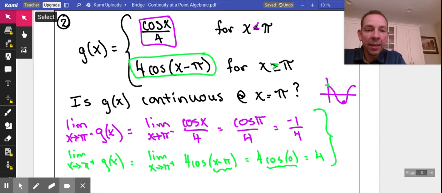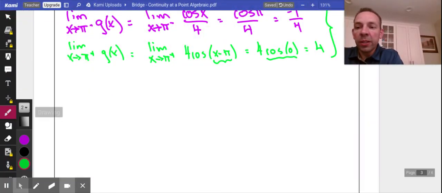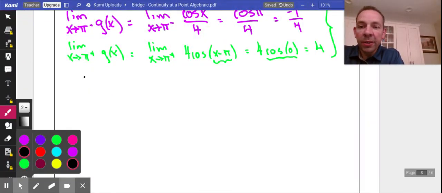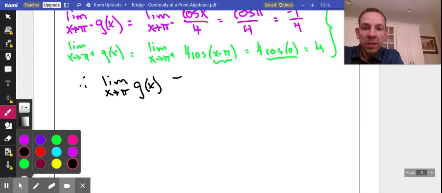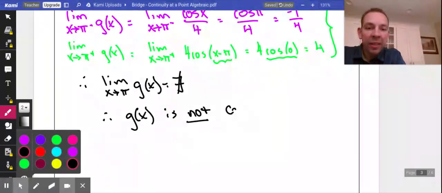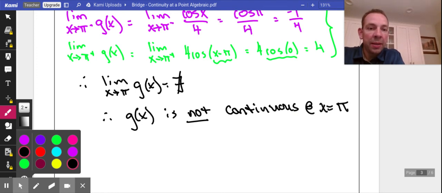How about that? So what we're going to conclude right off is, therefore, the general limit as x approaches pi does not exist. And therefore, g of x is not, we repeat, not continuous at x equals pi.